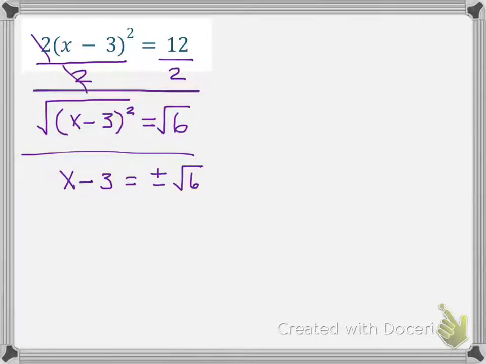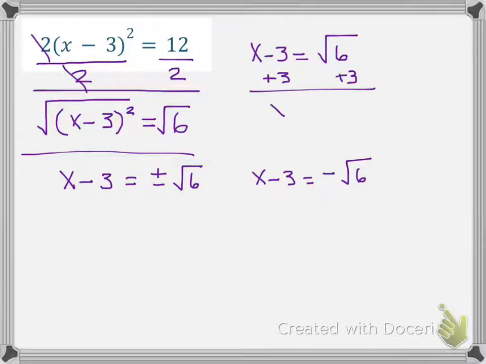And we have two possibilities here. The first is x minus 3 equals a positive square root of 6, or x minus 3 equals a negative square root of 6. Those are the two possibilities. And then we just solve for x, isolate the x. So add 3.